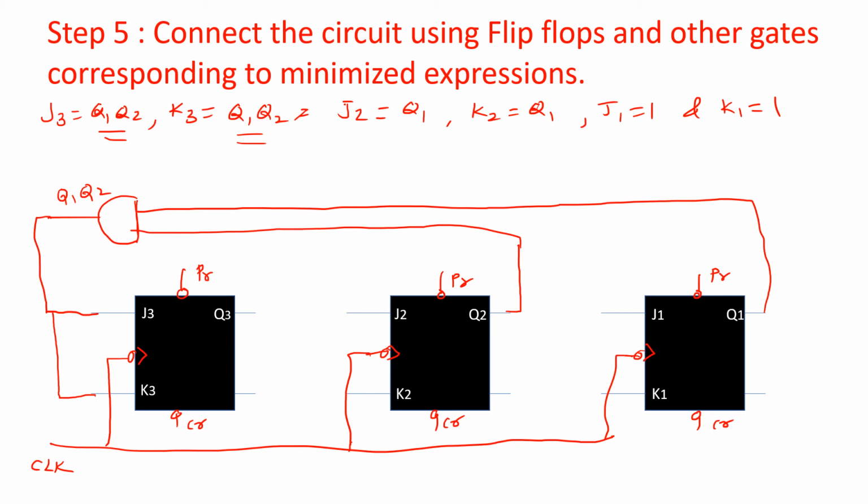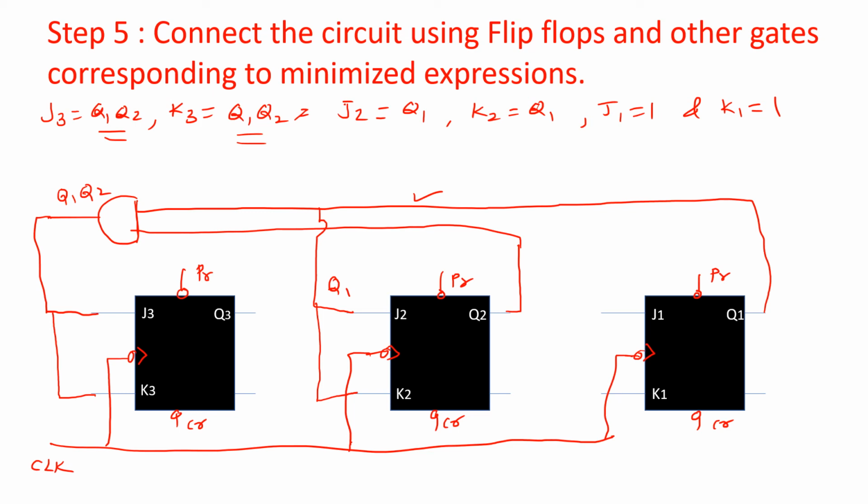J2 is equal to Q1. So Q1 is this line. I can take that point from here and it is connected here. So this is my Q1. K2 is again Q1. So this Q1 is taken down and it is connected to K2.